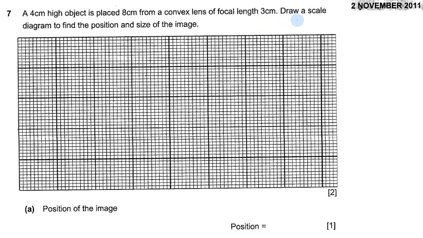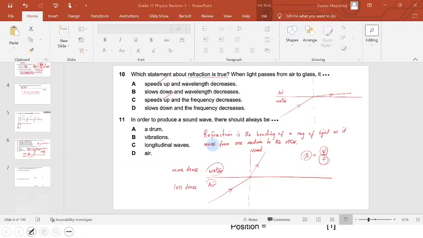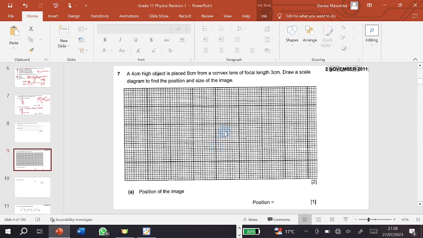Then they're saying draw a scale diagram to find the position and size of the image. So this one, I'm going to move out of this so that I plot it well.